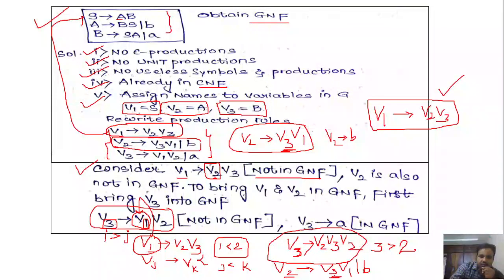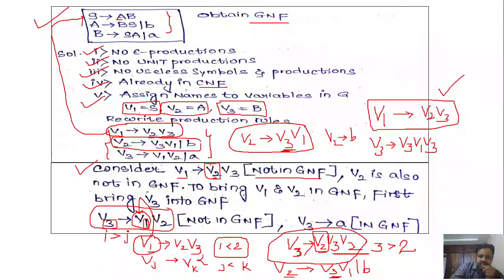So what we will do, since it is rule 7, we have to substitute the value of V2 in the V3 rule, right? So how do we rewrite the production rule V3? Just see here. V3 denotes, what is V2? We are having V3, V1, and then this V3, V2 will remain same.